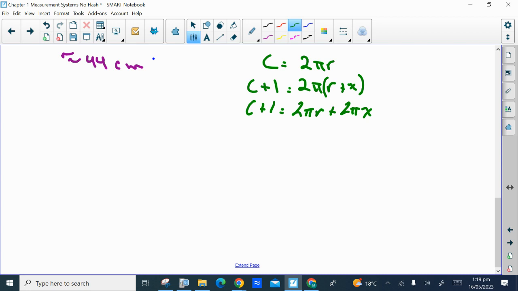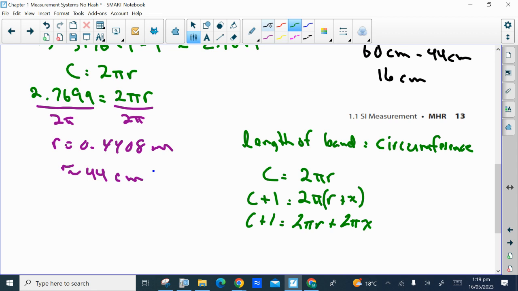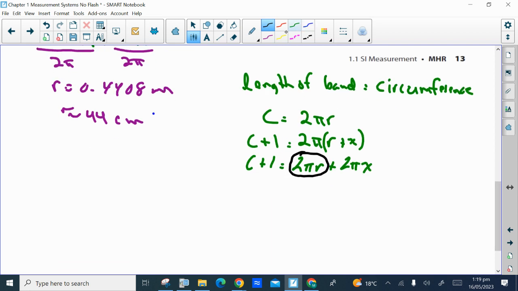However, remember that we know that C, the circumference, is equal to 2 pi r. We've used this equation a couple times today. So this 2 pi r in our equation can be replaced with C. So this will be C plus 1 equals C plus 2 pi x. And then you can subtract C from both sides, and they are going to cancel.